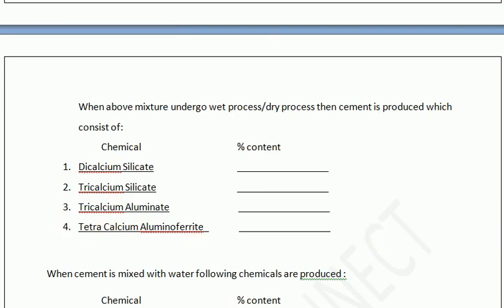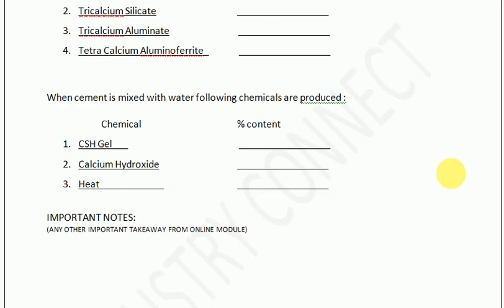Now, when water is added, what happens? When water is added, these chemicals react to form calcium silicate hydrate gel, that is CSH gel, then calcium hydroxide, which is not a strengthening material, and heat.